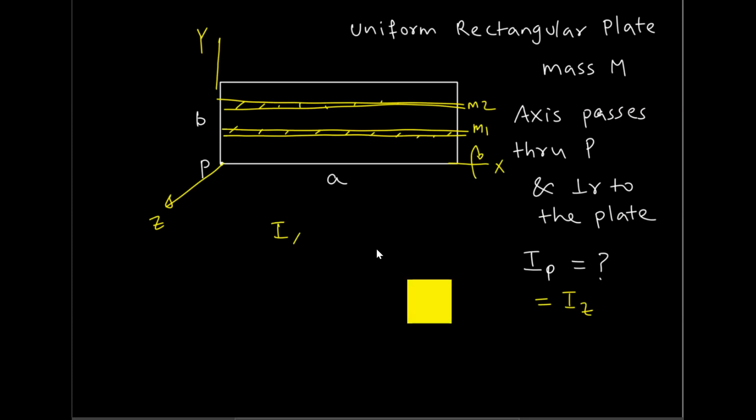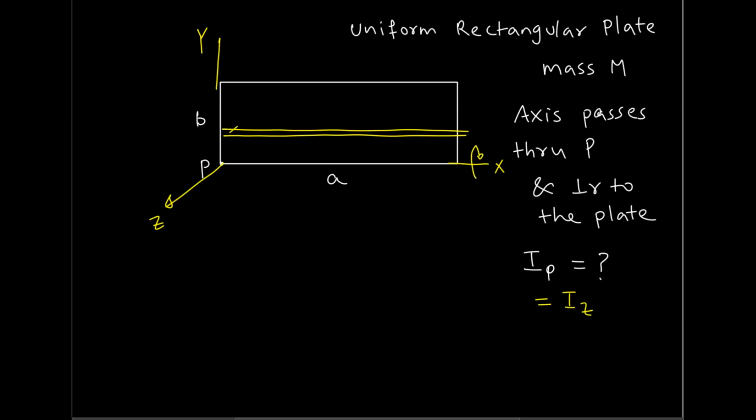Let me back it up a little here. So you get M B square by 3. Yes, M B square by 3. Let's say you take these vertical strips. Each of the vertical strips has mass M1, M2, and so on.